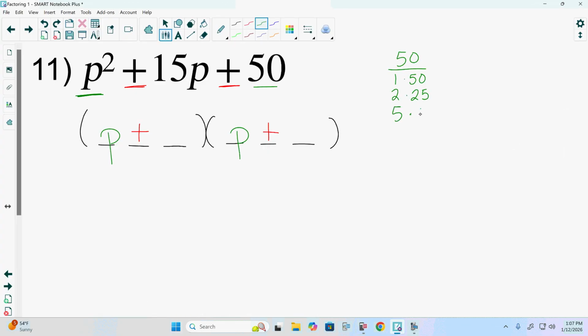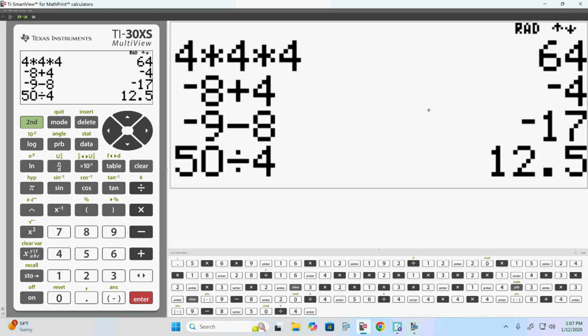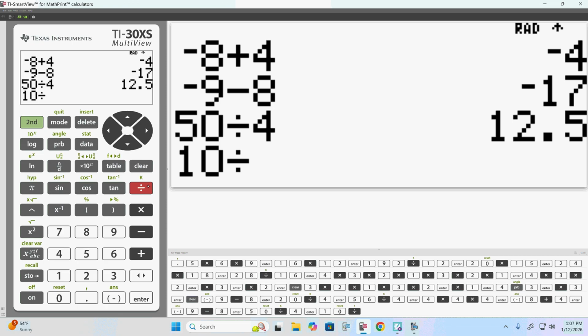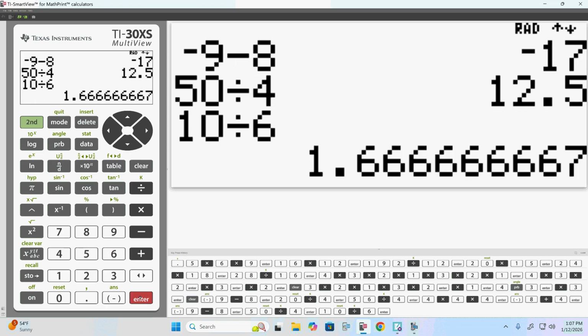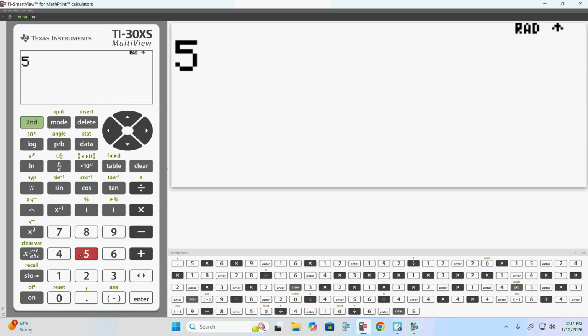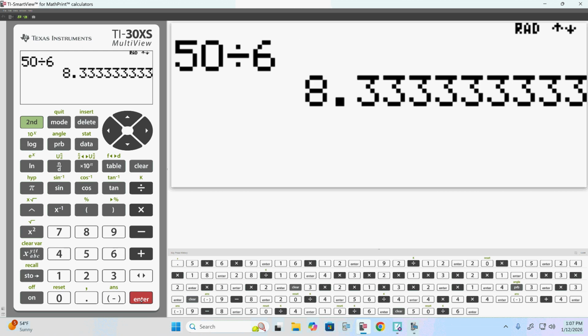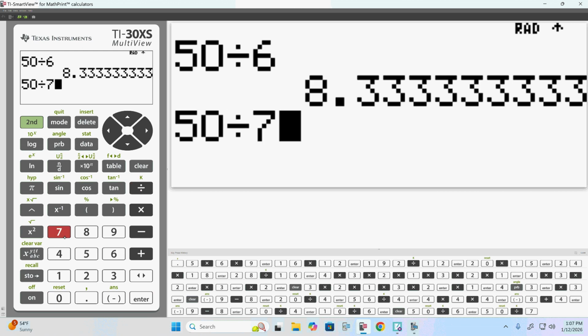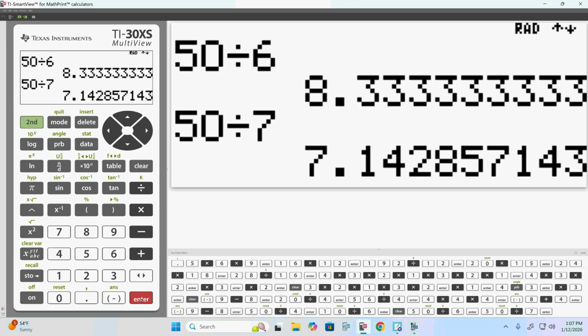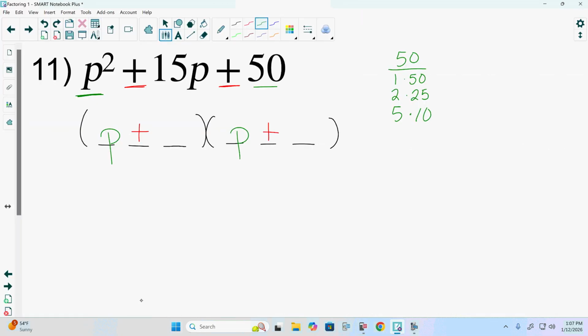Then we have 5 and 10. We could check 6 if we want. 50 divided by 6 is 8.333. 50 is not divisible by 7, and we're done. So we only have 1 and 50, 2 and 25, 5 and 10.